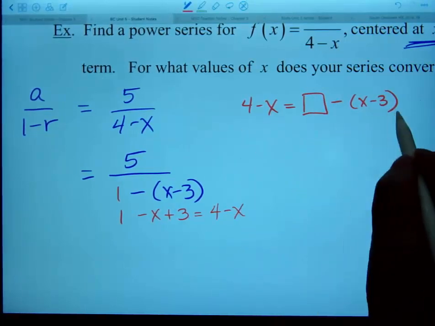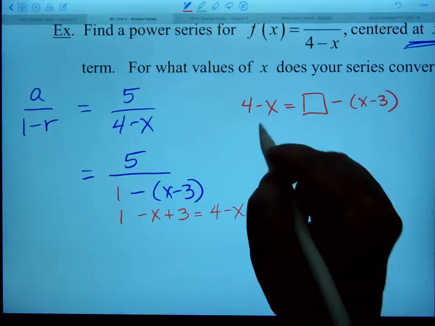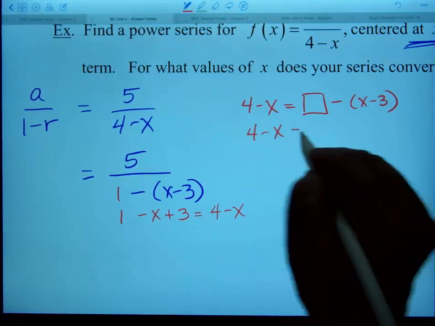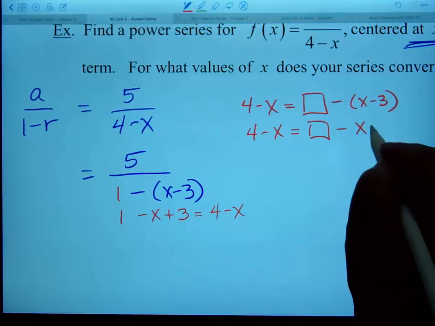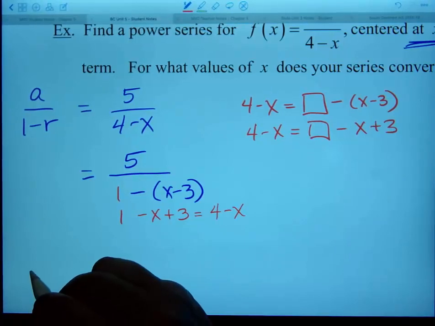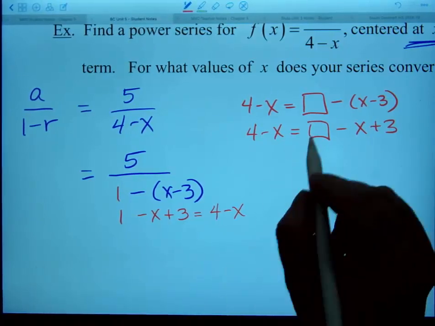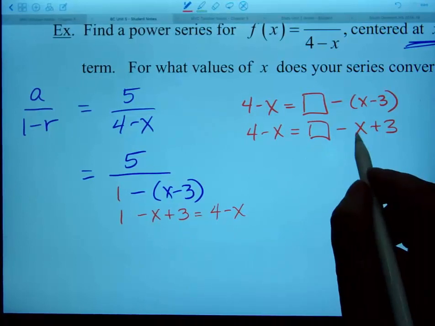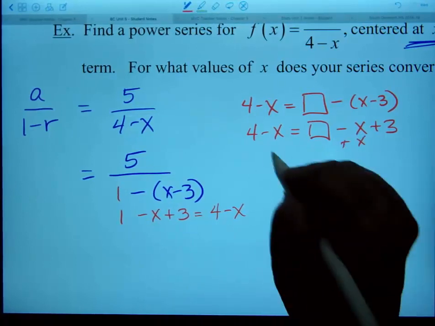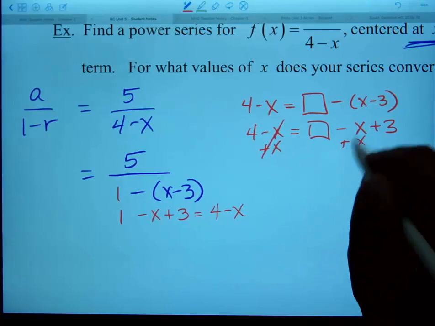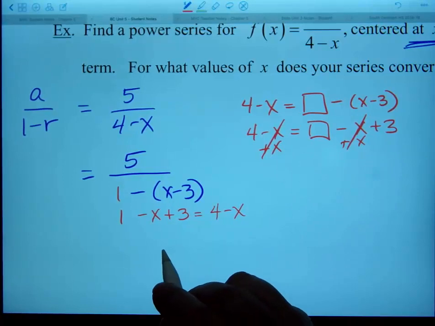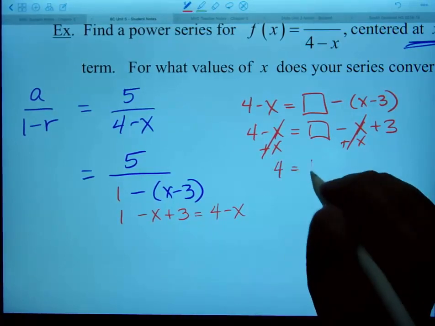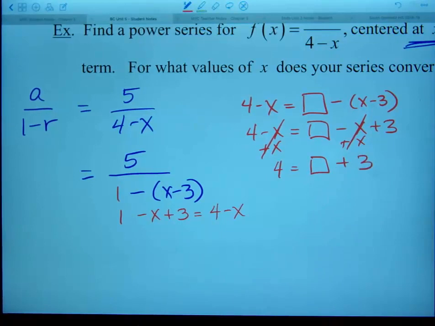So 4 minus x equals box minus x plus 3. Are you with me? Okay, I want to solve for the box. First thing I want to do, get rid of my x's. If I add x to both sides, x's are gone. Agreed? So 4 equals the box plus 3. So what's the box? 1.